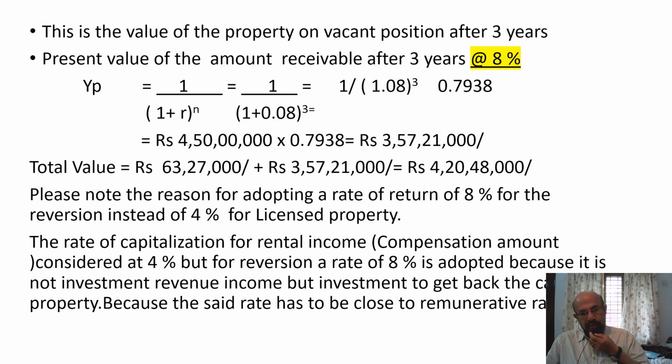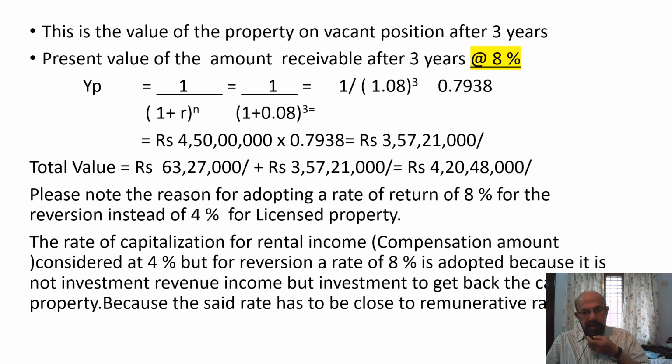So here we are working out the present value of the rupees 4 crores 50 lakhs receivable after 3 years, that is rupees 3 crores 57 lakh 21,000. So the total value is the term value rupees 63 lakhs 27,000 plus the reversion value rupees 3 crores 57 lakh 21,000, totaling rupees 4 crores 20 lakhs 48,000.